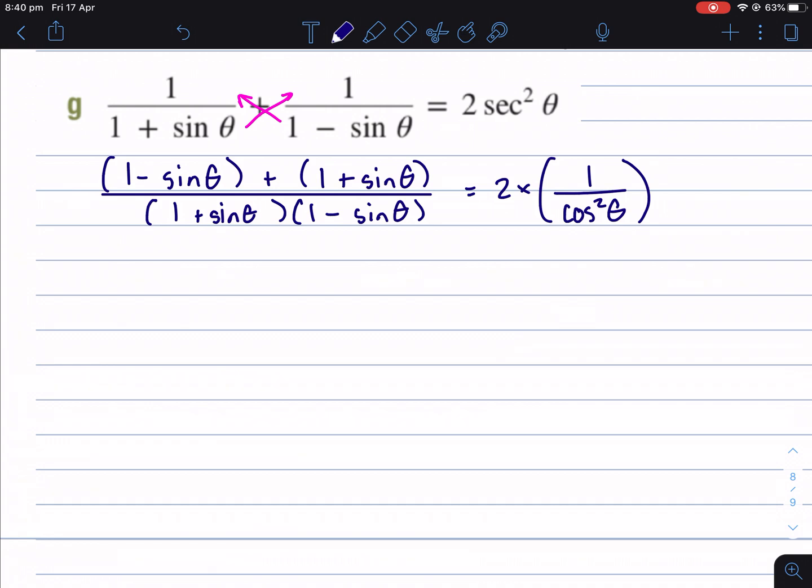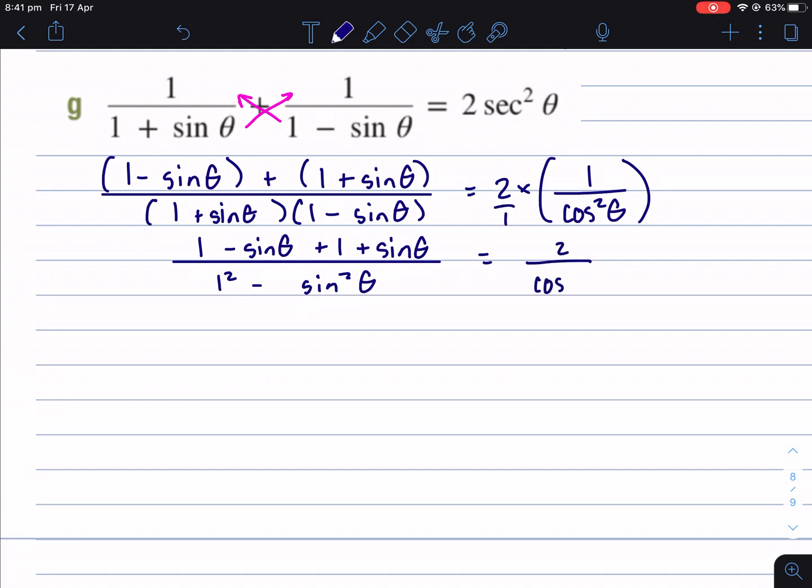Okay, so the top line becomes 1 take sine theta plus 1 plus sine theta. The bottom line is a take b, a plus b. So that's 1 squared take sine squared theta. And this becomes 2 on 1 times that, so it's 2 on cos squared theta.